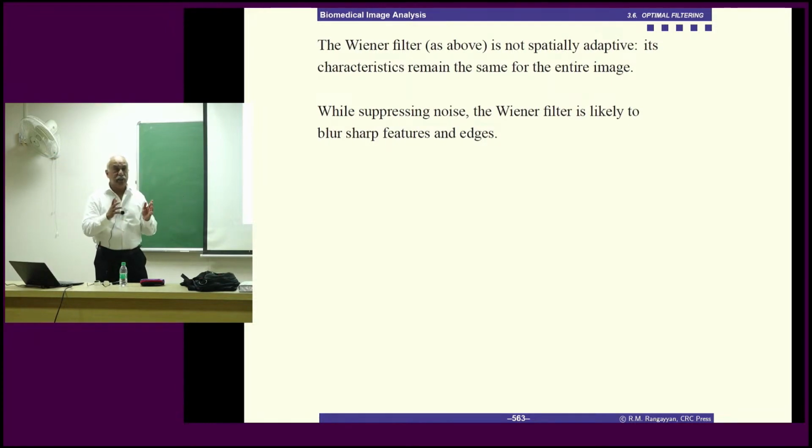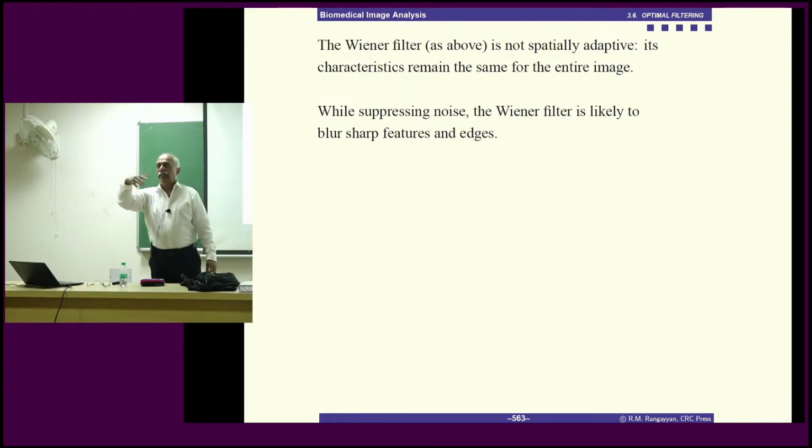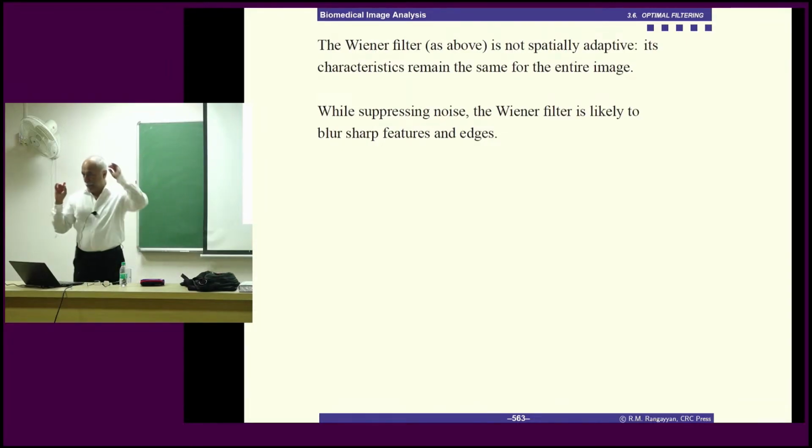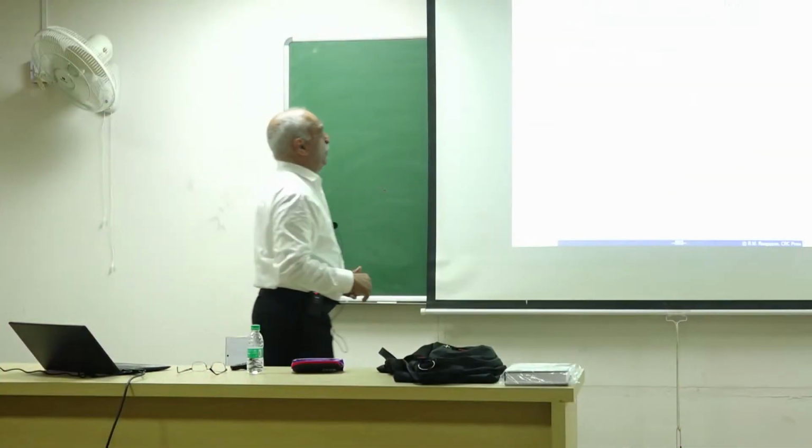If you take a chest X-ray image, we have ribs and lung parts and the heart and so on, and the frequency response is different. In a CT image, there are more parts that are substantially different. So you need a spatially adaptive filter in such cases. Or you take an outdoor scene, with trees and vehicles and people and so on, then one filter for the whole image will not work well. It will give you some image, but you may not be happy with the result.